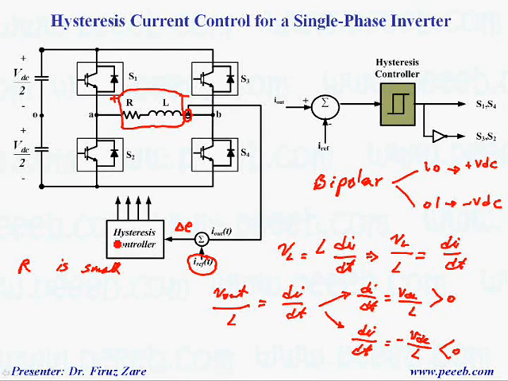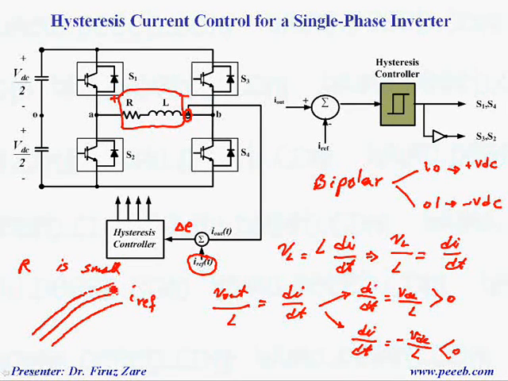It's a good concept that we can use for hysteresis current control, because in hysteresis current control we have the reference current IREF. We like to shape the load current similar to IREF, and in order to have switching we define an upper hysteresis band and a lower hysteresis band.